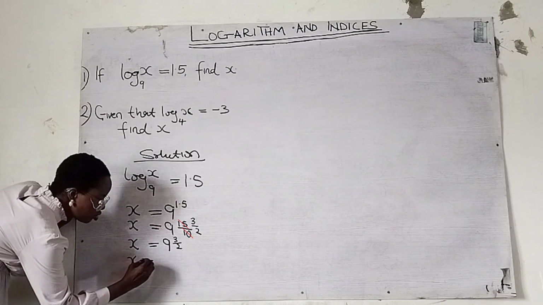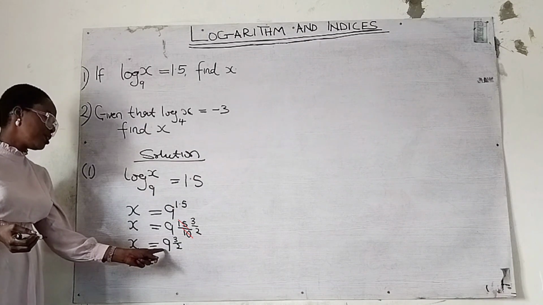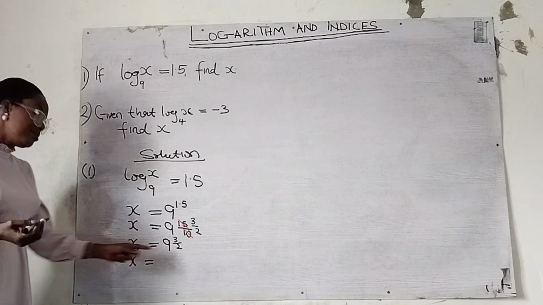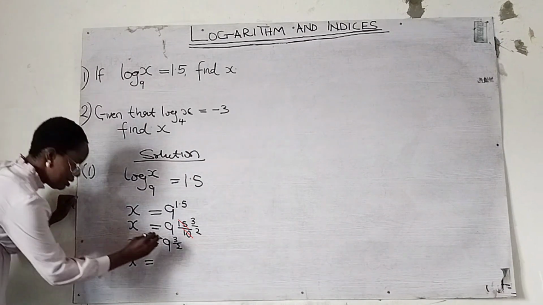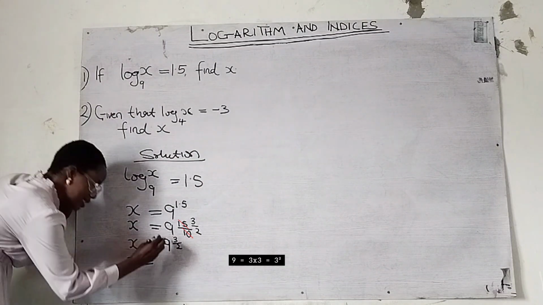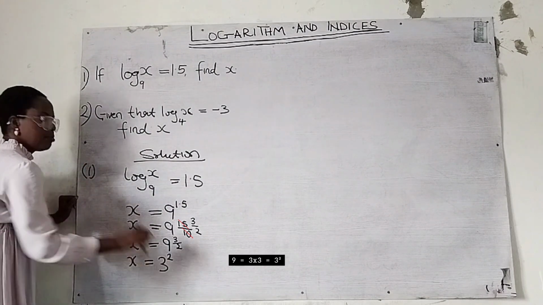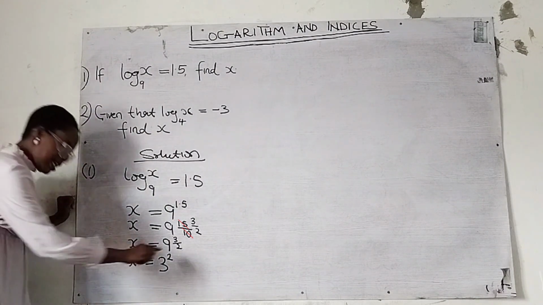That equals to, time to put this 9 in index form also. 9 is simply 3 times 3, which is 3 squared. So I'll write 3 squared, showing that 9 is 3 to the power 2.